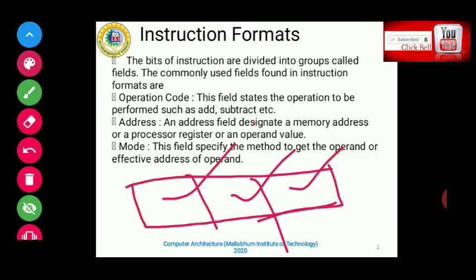Mode specifies the method to get the operand and effective address, whether it is to be fetched from a register, fetched directly, or fetched indirectly. That is defined by the mode of the instruction. So that is the 3 parts: operational code, address, and the mode.